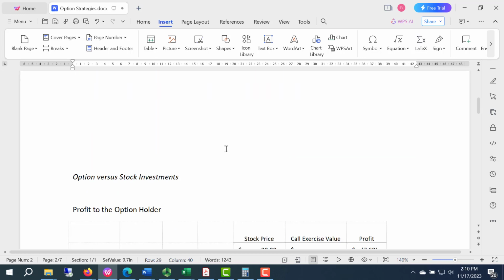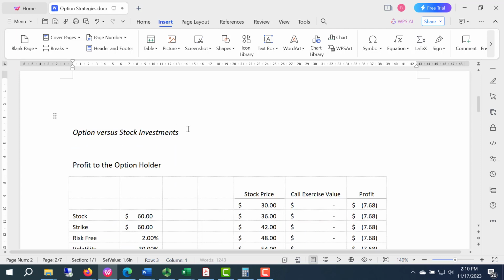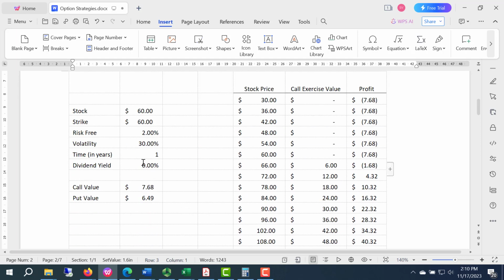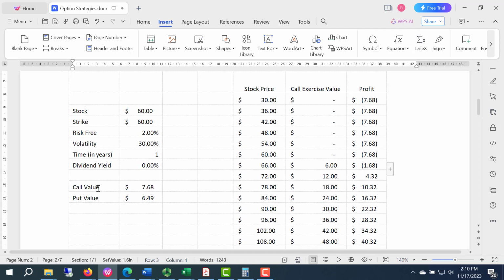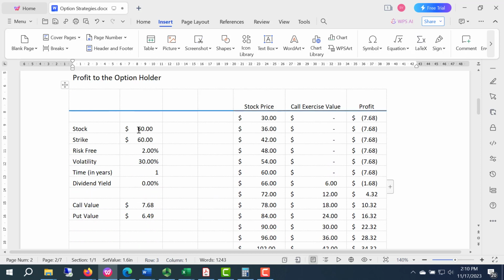So moving on then, again, that's a little background for what we're going to do next. We're going to look at option versus stock investments. And what I have down here is a calculation of the values for a call or a put. This is the option premium for a call and the option premium for a put, written on an at-the-money option, where the stock price is $60 and the strike price is $60, that has 1 year to expiration.